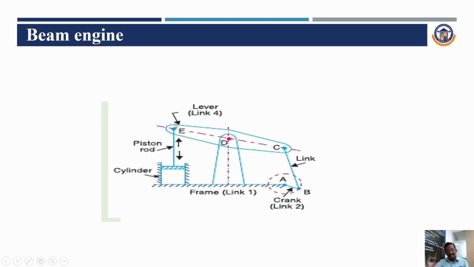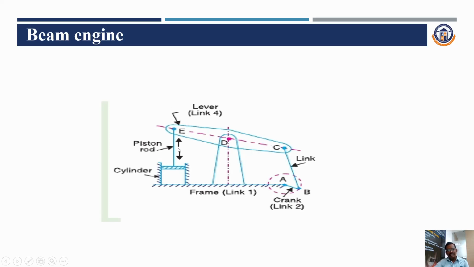Next, the application: a piston rod, cylinder, piston, etc. D is the frame. When the crank is rotated in the clockwise direction at point A, B tends to a lower position, point C also tends to a lower position, and at the end, E is at a higher position.